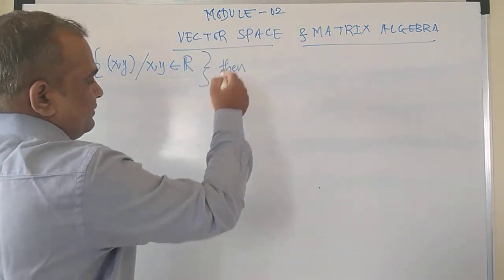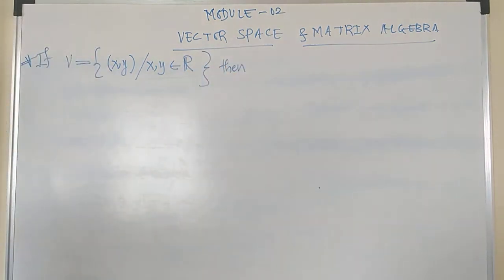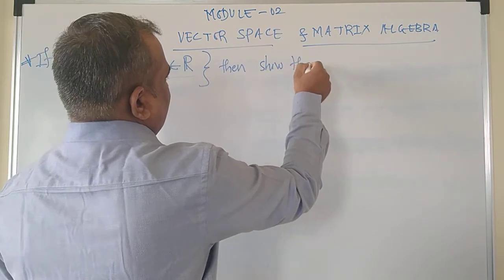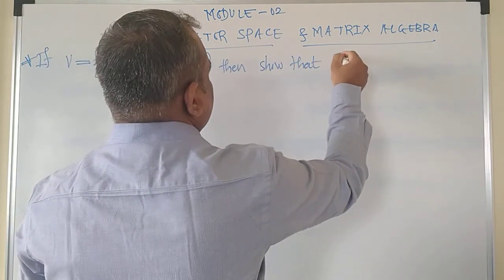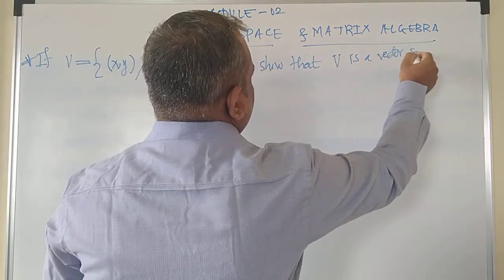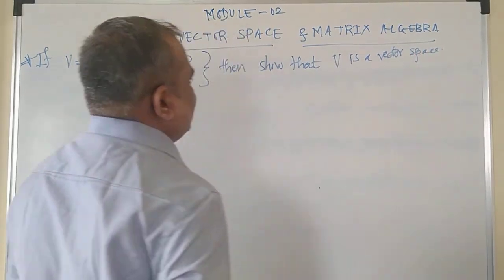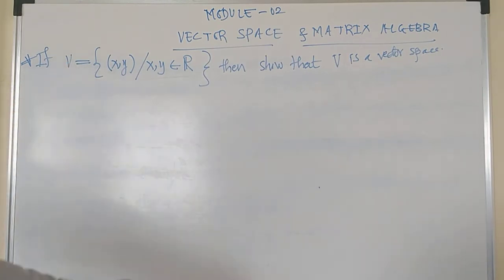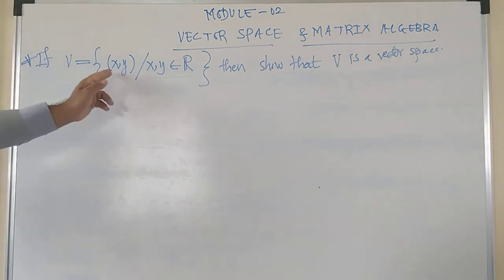Then show that this capital V is a vector space. Now how to show whether the given capital V is a vector space of x and y or not?